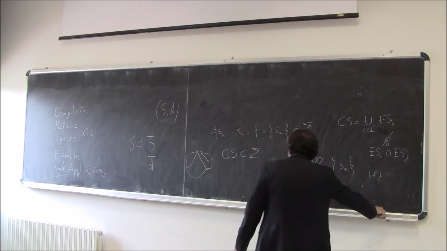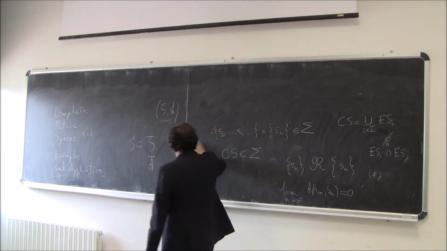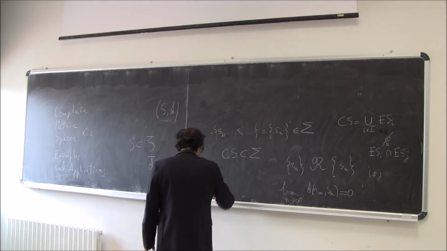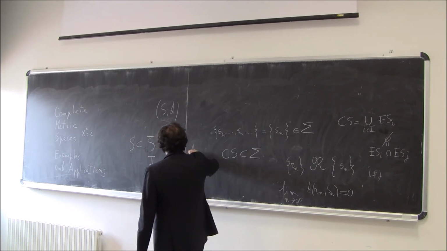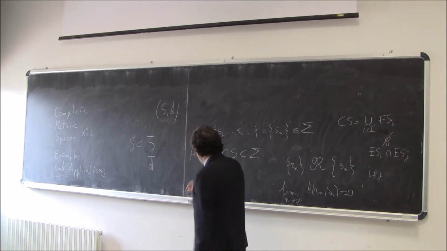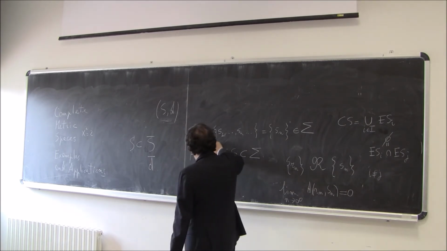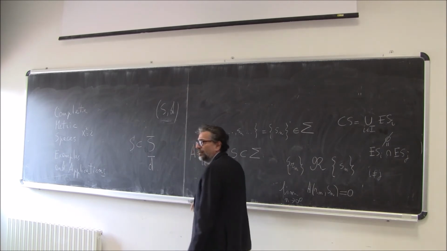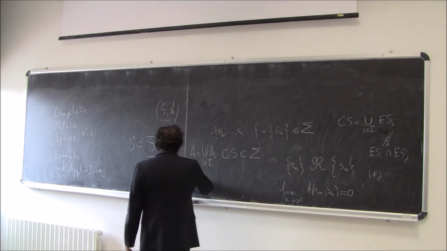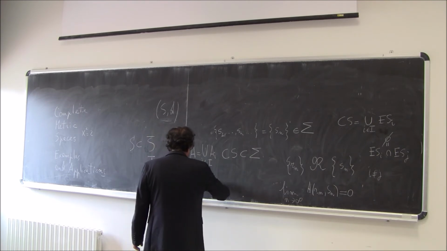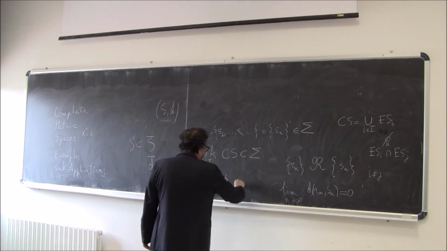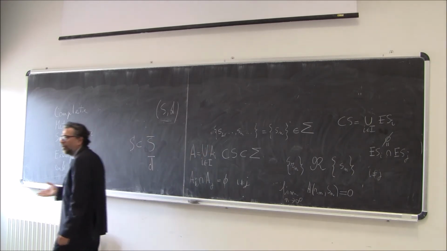If I have an abstract partition, what is an abstract partition? I have a set A. The set is the union for I belonging to a set of indices of the subsets A_I, and A_I intersection A_J is empty when I is different from J, then I have a partition.